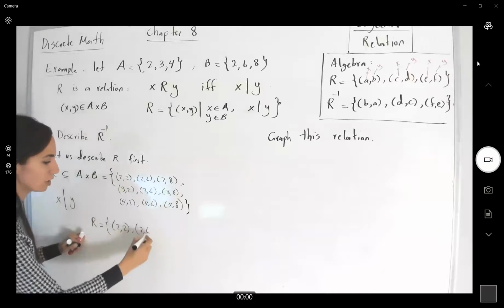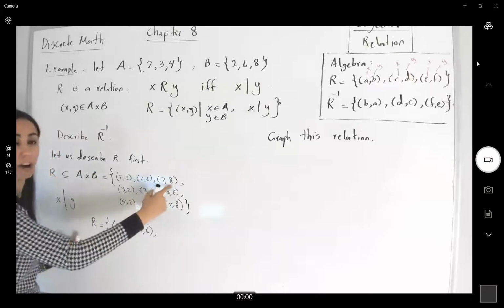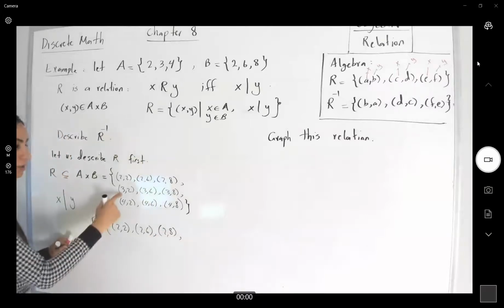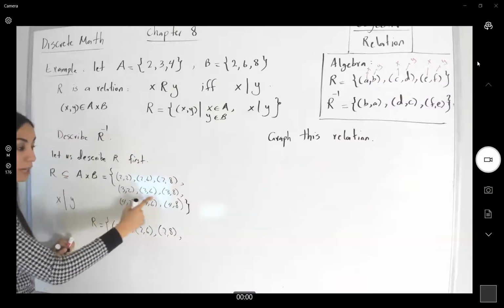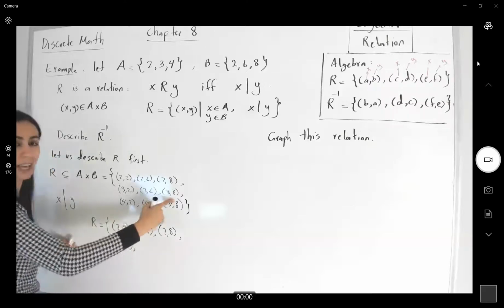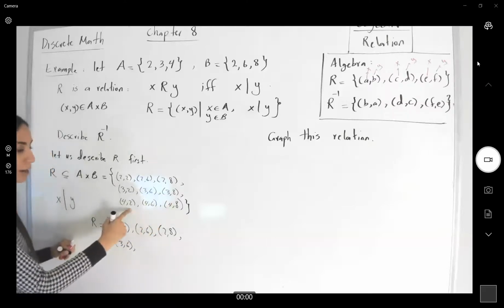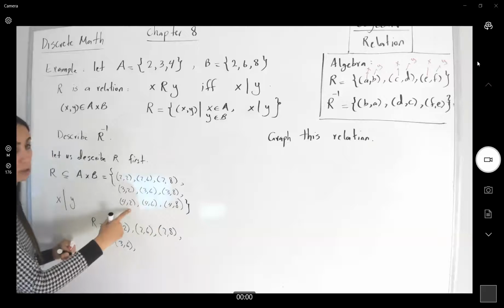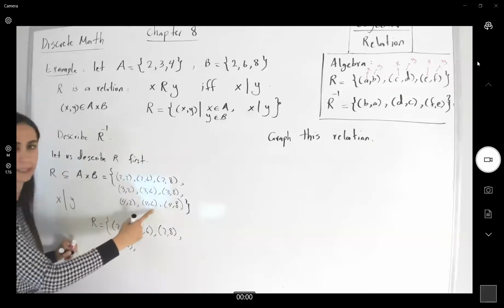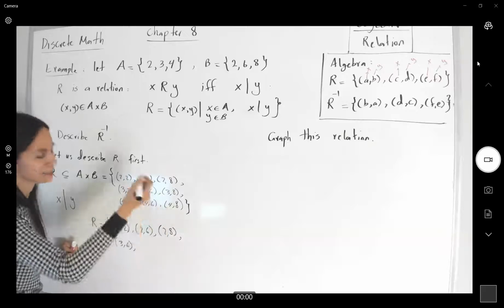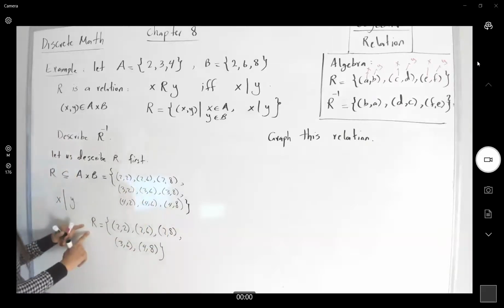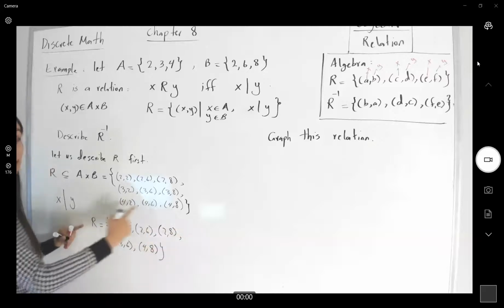So the next point is 2 and 6. 2 divides 8, of course. 2 and 8. 3 and 2, no. 3 and 6, yes, of course. 3 and 8, not a chance. 4 and 2, of course not. 4 doesn't divide 2. 2 divides 4, but 4 doesn't divide 2. 4 and 6, no. 4 and 8, of course.